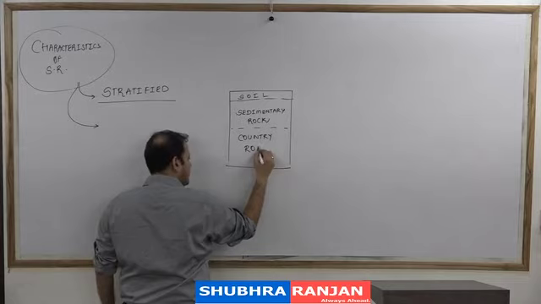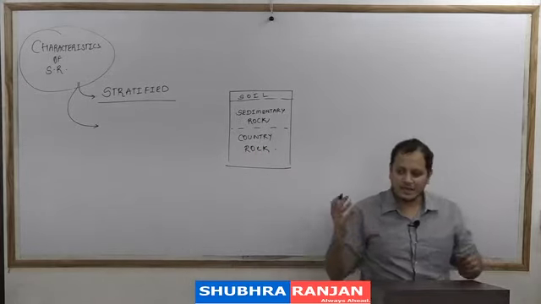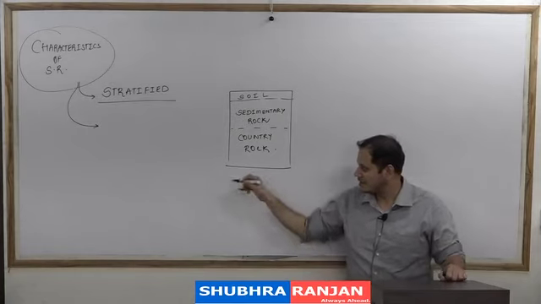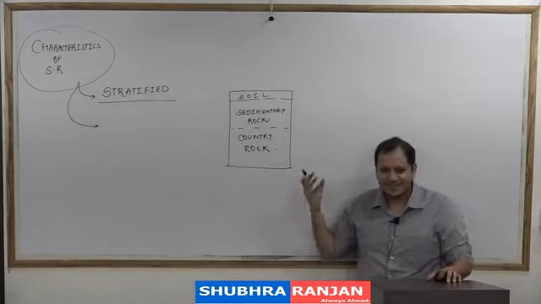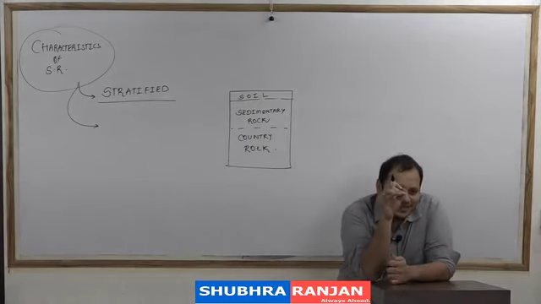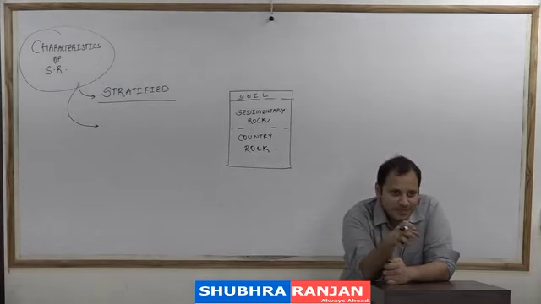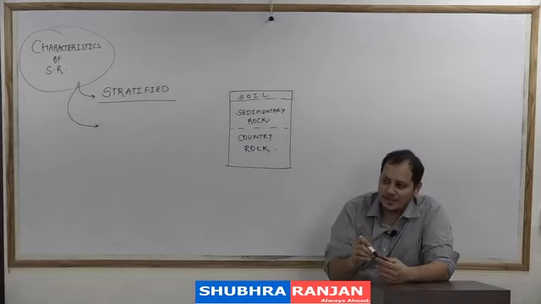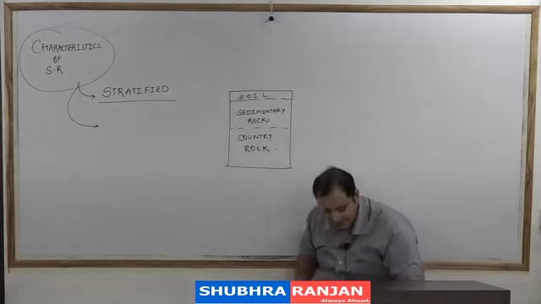Country rock is a term used for hard rocks such as igneous and metamorphic rock. Country rock does not mean the rock of a country, it means hard rock. Similarly, countryside does not mean the side of a country, it means village. We will require the countryside later when we do economic geography. Fine with this?